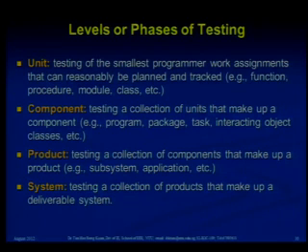So in general, software can be structured into these 4 levels. So when we conduct testing, we have to test each level. We cannot just test one level. Initially we have to test the unit level, the lowest, then component, product, and system. Usually we start from the lowest to the highest.